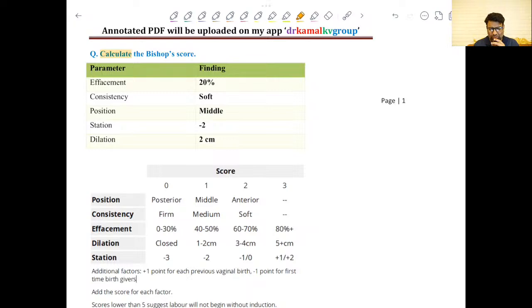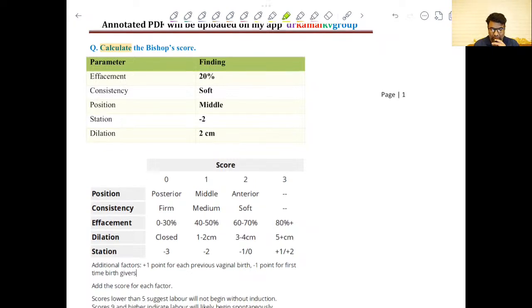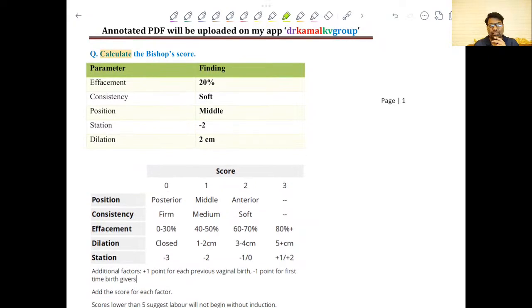But this time they gave you some findings and it was up to you to calculate the Bishop's score. If somebody knows the exact table of Bishop scoring, then it was pretty easy, but otherwise it was a little difficult question, I would say.